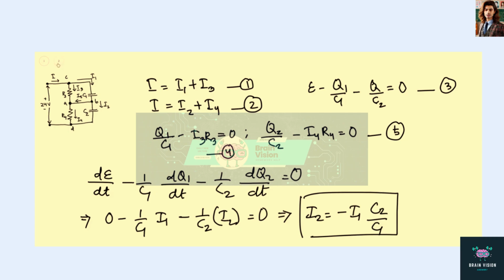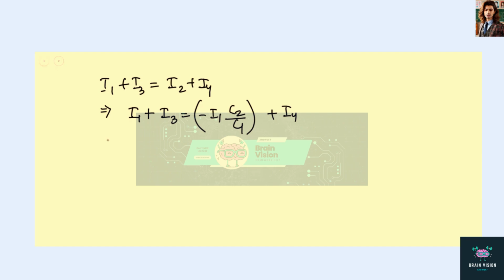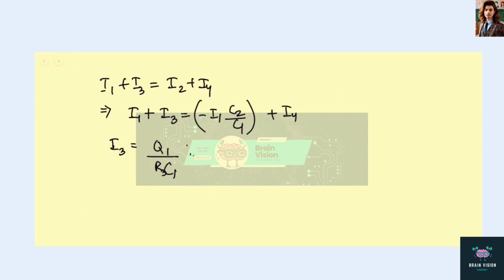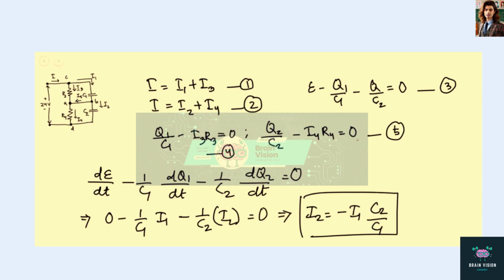From that we get I3 equal to Q1 over R3C1, which we get from equation 4, and I4 equal to Q2 over R4C2 from equation 5.